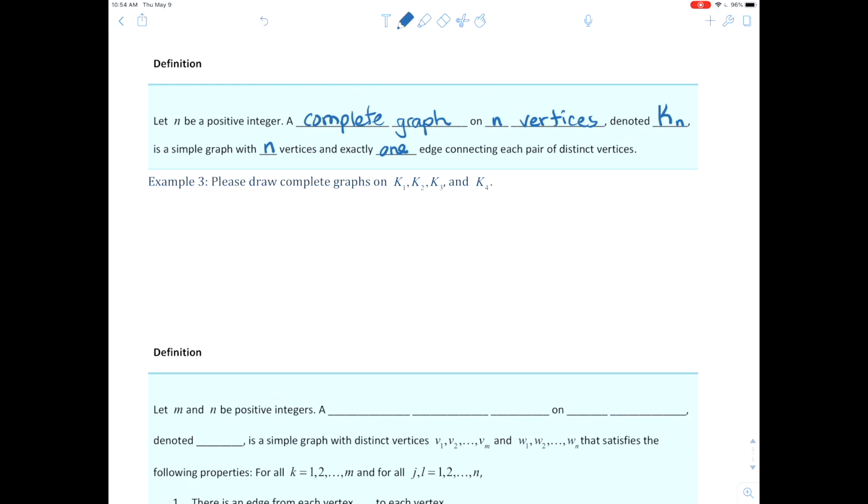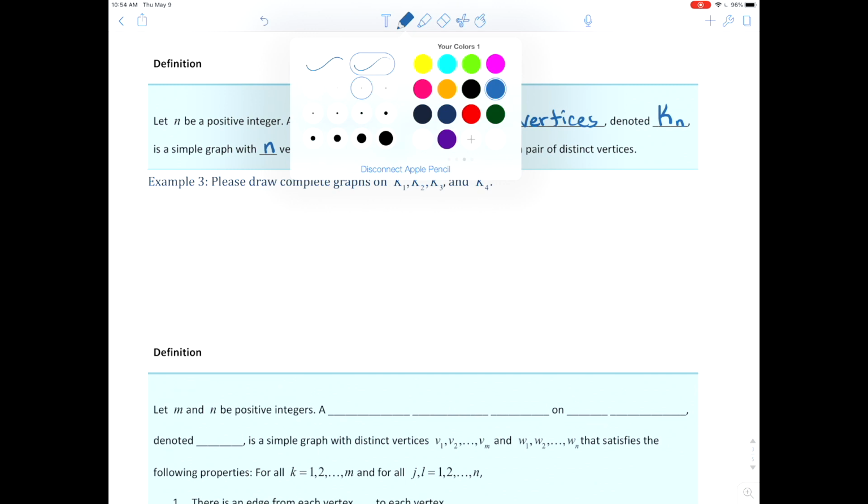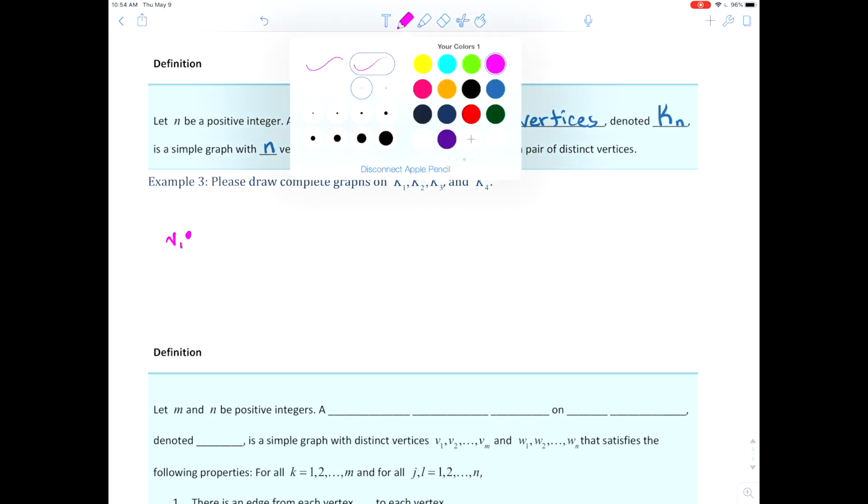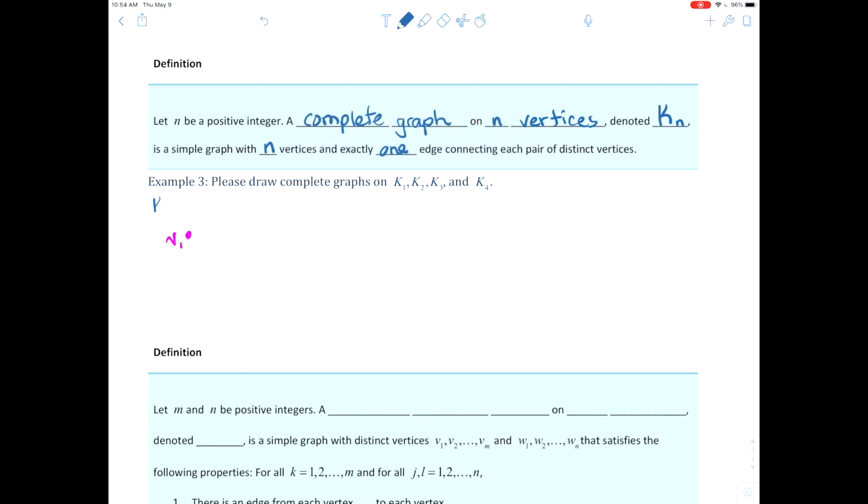And how many edges? 0 edges, because there are not 2 distinct vertices. So for K1, we've just got 1 vertex, the simplest situation that we have.